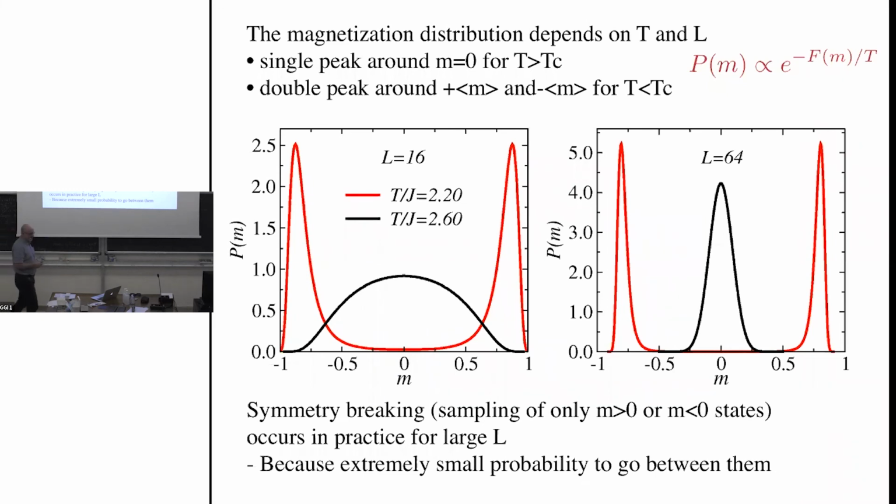Now, the interesting thing is that this magnetization distribution is really directly related to the free energy that Andreas talked about. You can easily see that, except for a factor, this probability as a function of M corresponds to exactly the free energy as a function of M as well. As he talked about, he did coarse graining.